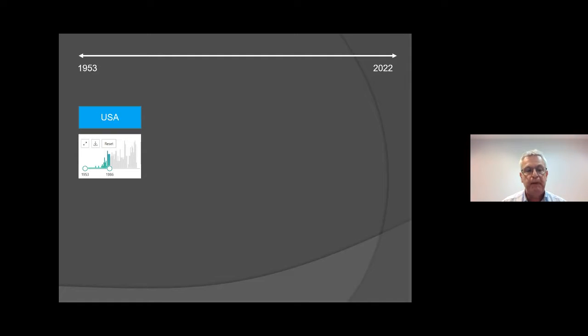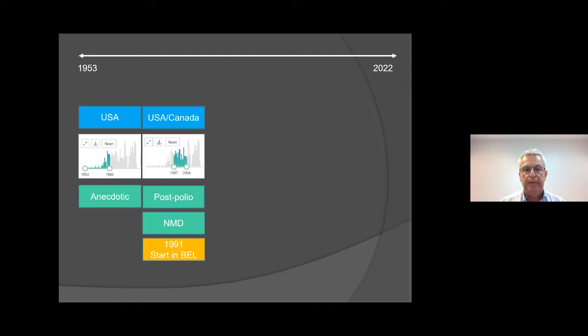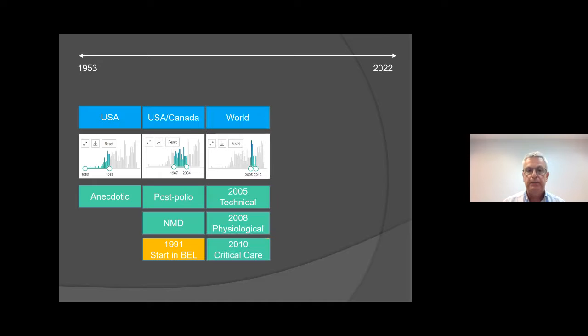We had papers only from the US, and at that time it was quite anecdotal, case reports, etc. But from 1987, we started to have more articles and studies, only from the US and from Canada, on post-polio patients, neuromuscular patients, and you see in yellow that we started in Belgium, in our center in 1991, with the first patient with the mouthpiece.